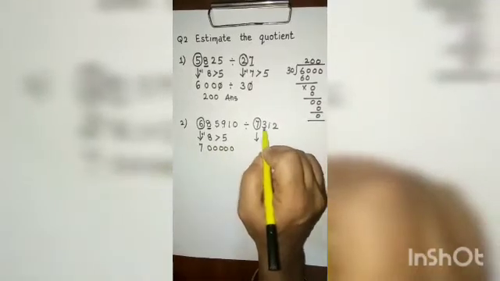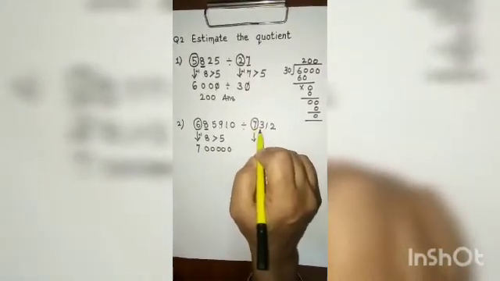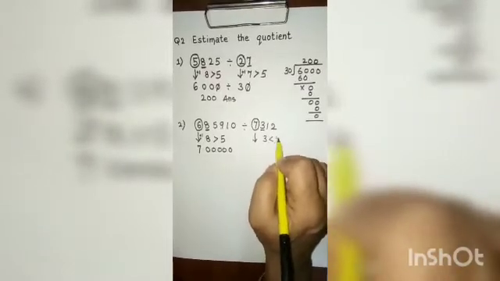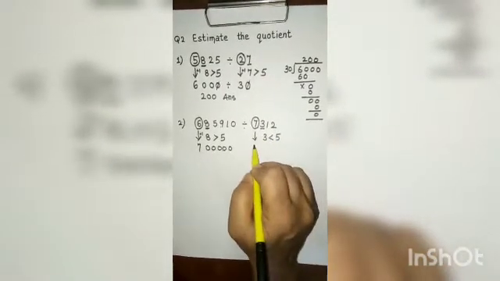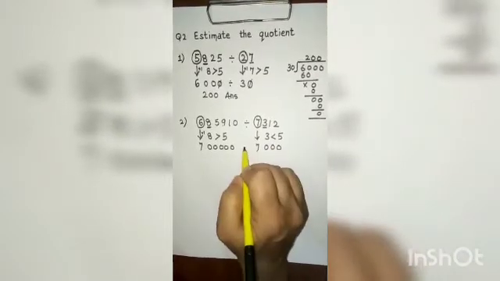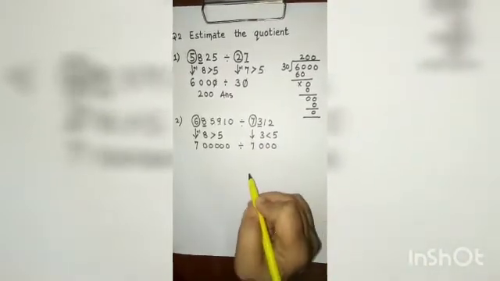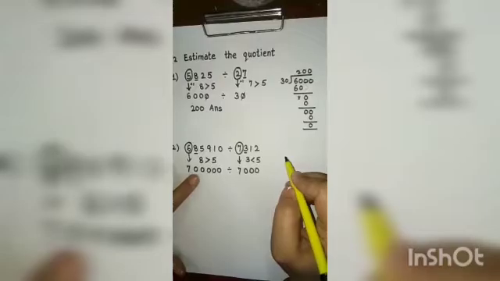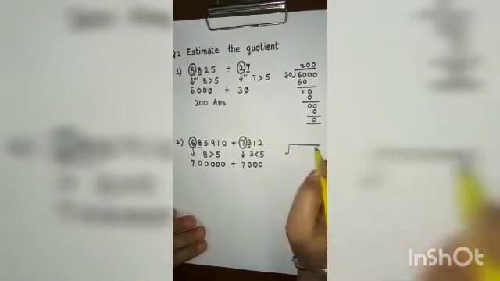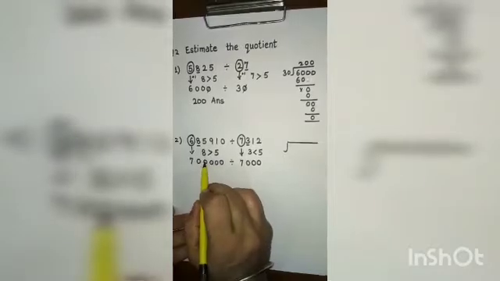So always count. This is 7 and the next digit to it is 3. 3 is smaller than 5. That means it will be the same digit copied down and 3 zeros. And then put the division sign. When we have got these two estimated numbers, we are going to divide them. 1, 2, 3, 4, 5.